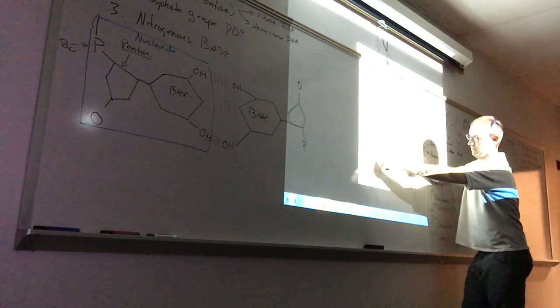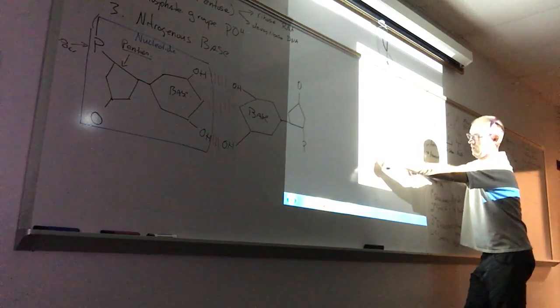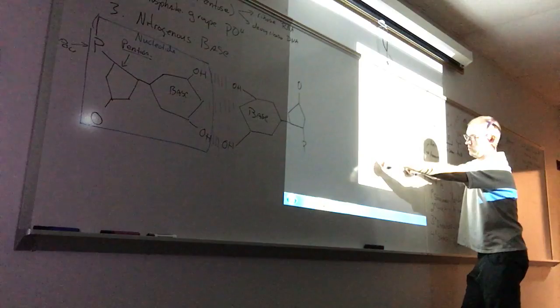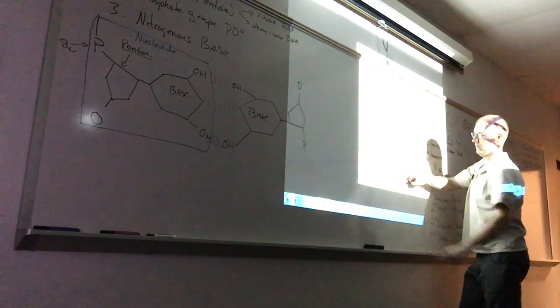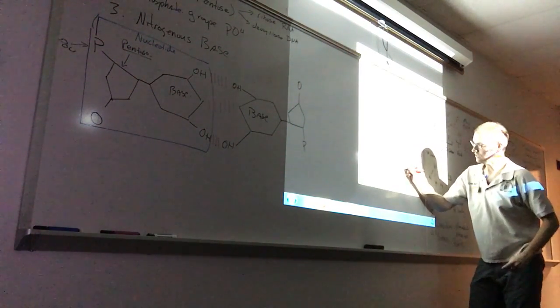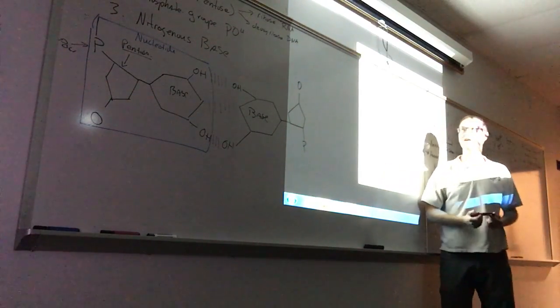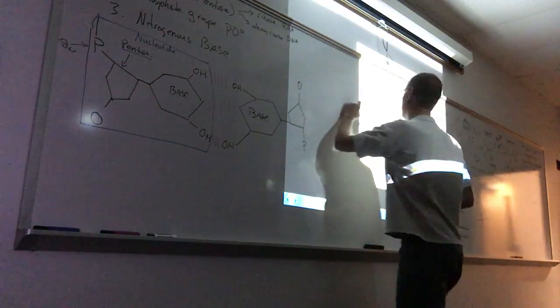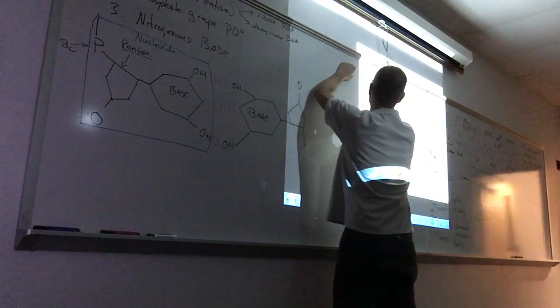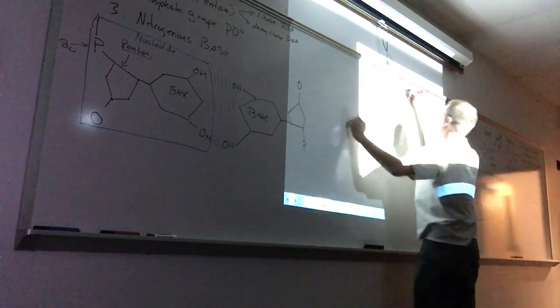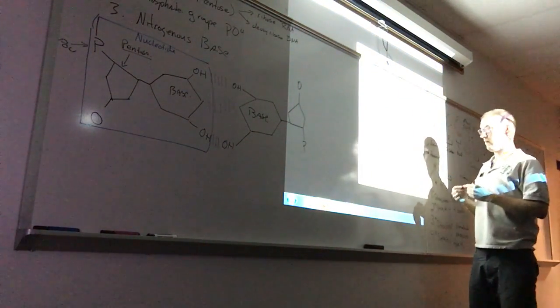It starts over here by the oxygen: 1, 2, 3, 4, 5. So you can see that the oxygen is attached to the 5th carbon here and the 3rd carbon here. Likewise, up here, it's attached to the 5th carbon, whereas it's attached to the 3rd carbon here.